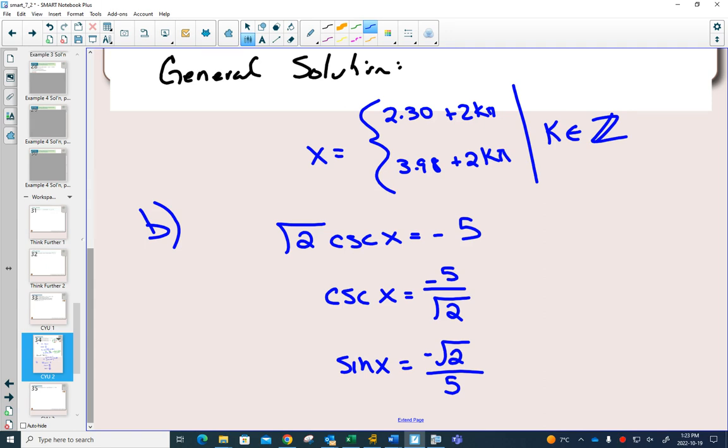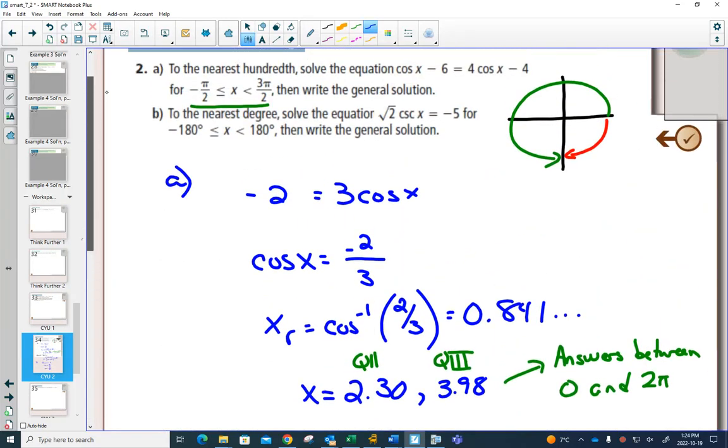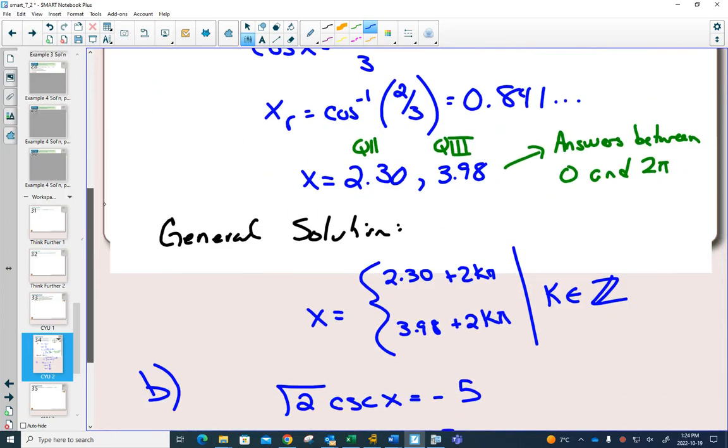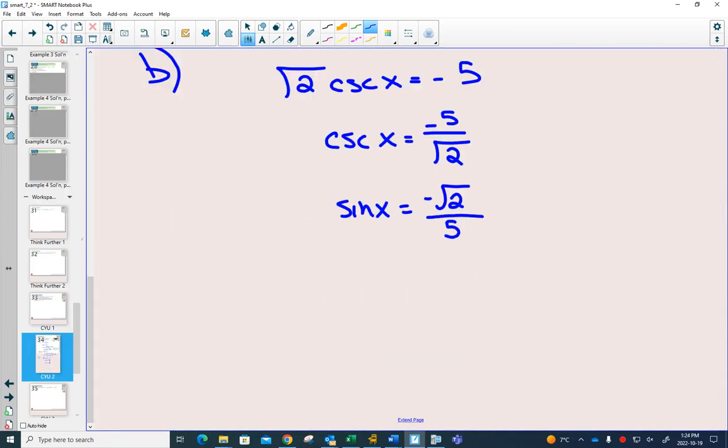Is that on our unit circle? No. So we're going to take out our calculator. We're going to find our reference angle. But before that even, I notice this question is in degrees. So I'm going to have to find my reference angle by doing sine inverse of positive root 2 over 5 in degrees.